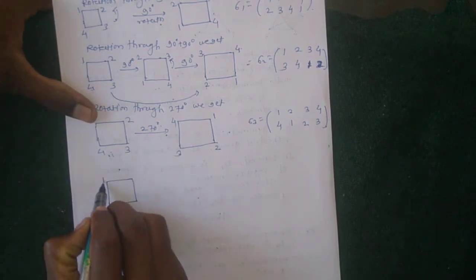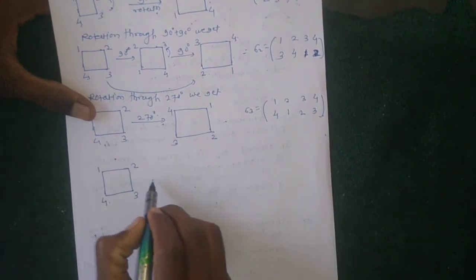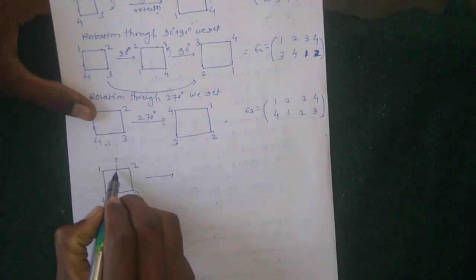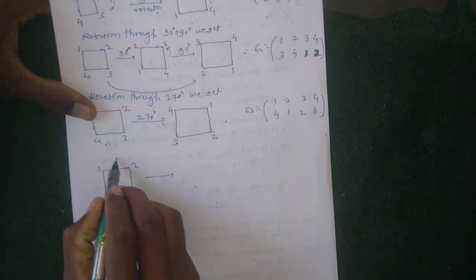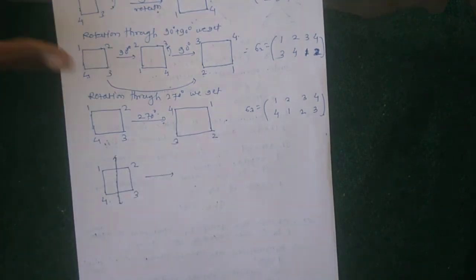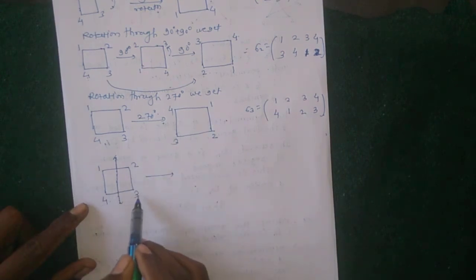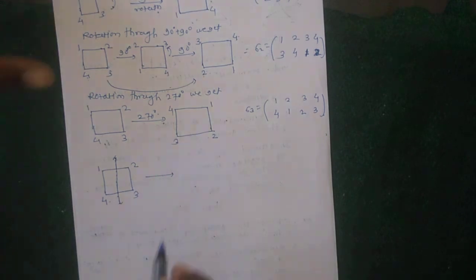This is 1 2 3 4. Then bisect this, of the form of opposite sides. Bisecting this type, we only change the positions: 1 to 2, 2 to 1, 4 to 3 and 3 to 4.